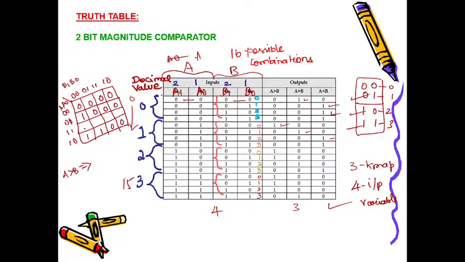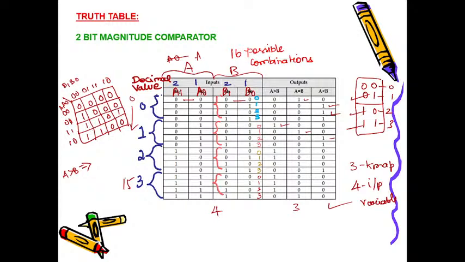Again 0, 0. 15 is 0, 14 is 1, 13 is 1, and 12 is 1.